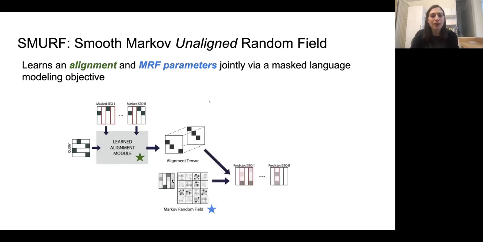Now, we also are going to, at the same time, be learning the parameters of the Markov Random Field. So here I've depicted the Vi column-specific terms and the Wij pairwise terms. The way that we're going to predict which residue was masked in our first step, our masked language modeling step, is we're going to look at, okay, assuming a particular alignment, what is the expected energy of the sequence with the current Markov random field parameters, given all the different possibilities for what was masked.